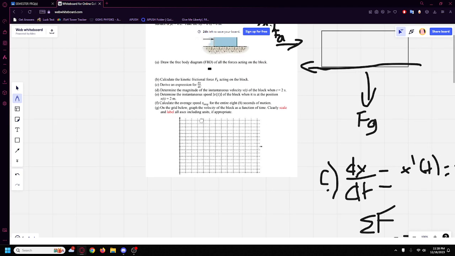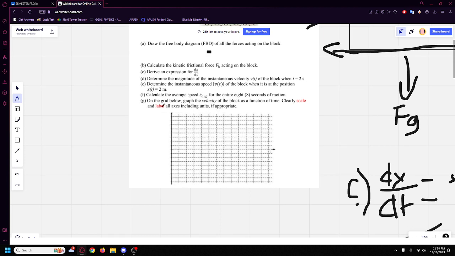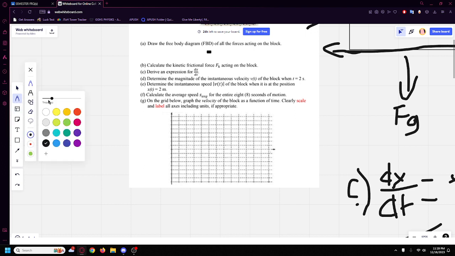For G, it says to graph the velocity of the block. So this is velocity, and this is time.